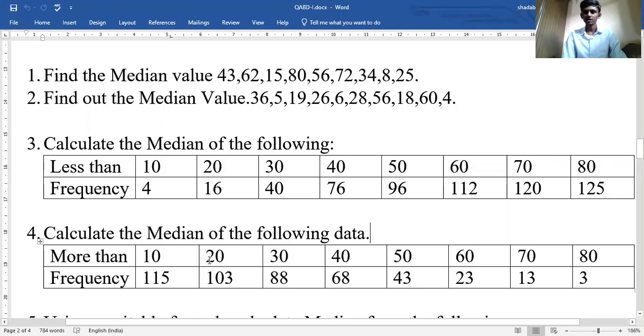Just subtract both: 20 minus 10 is 10. Since it is more than, we don't have to subtract; we add 10 each time to create the class intervals. Previously, because it was less than frequency, we subtracted: the difference is 10, so 10 minus 10 is 0, and 0 to 10 was a class interval. Here the difference is 10, so 10 plus 10 is 20: 10 to 20, 20 to 30, and like that we create the class intervals.